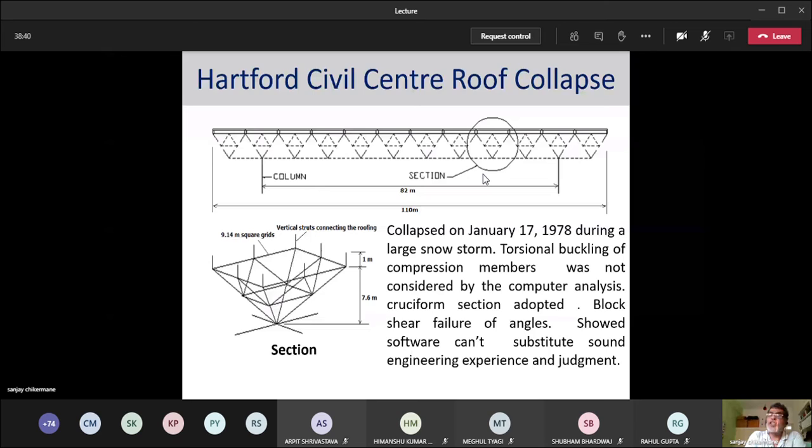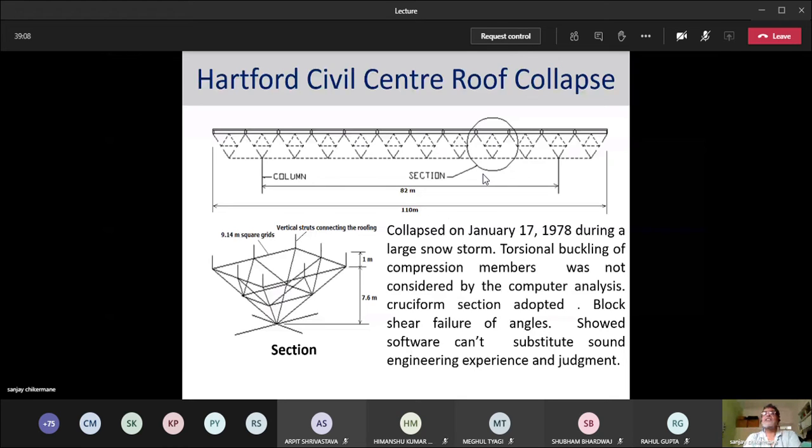Something like torsional buckling is usually not incorporated in software because it's a very painful thing to do. Now, there are certain sections which have a high propensity for torsional buckling. When you use those sections in software, the software does tell you that the structure is going to fail. But in reality, that structure fails because solid mechanics and physics is actually more important than what software is.